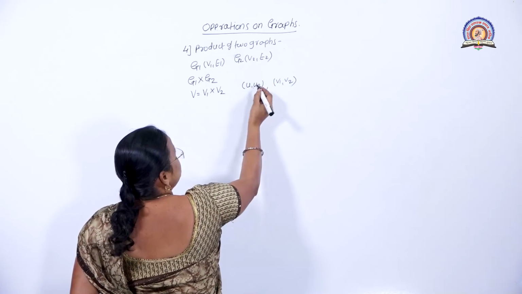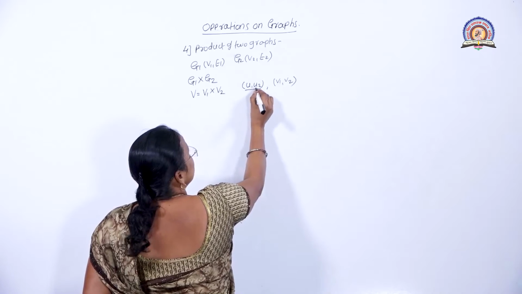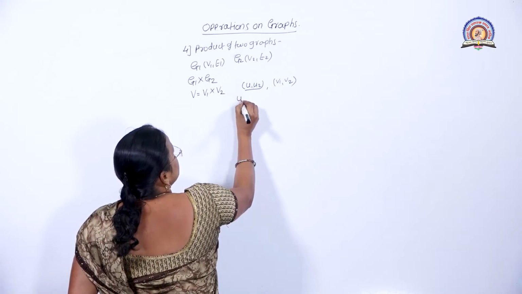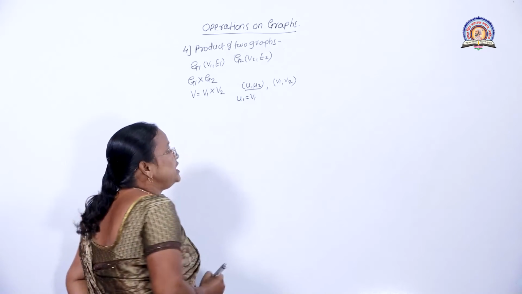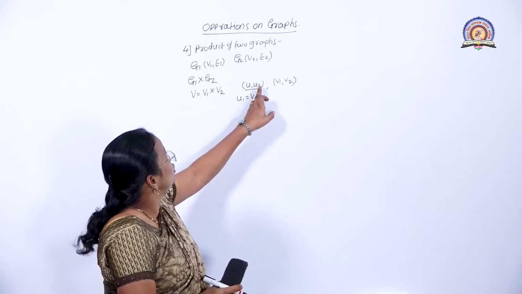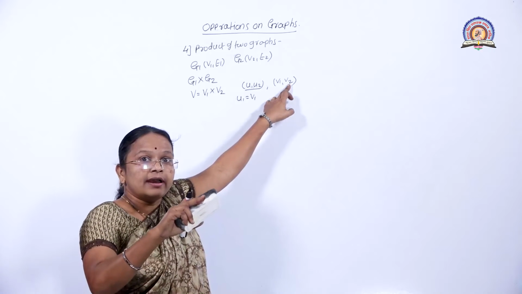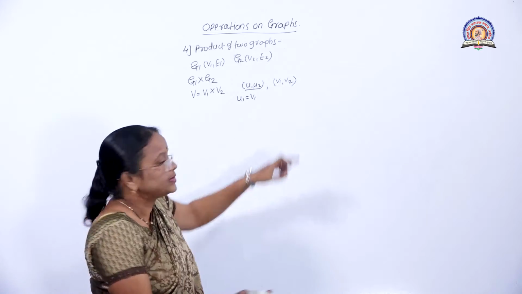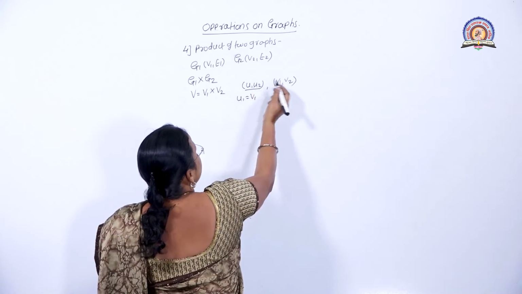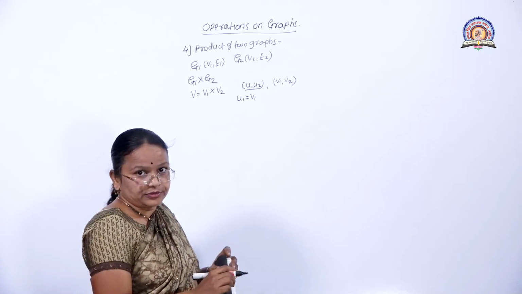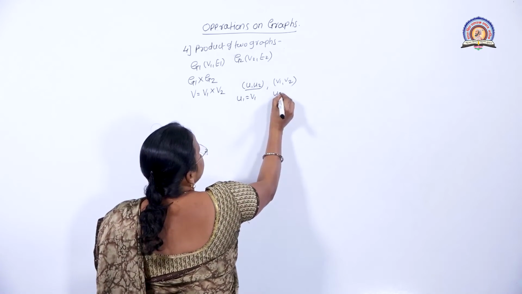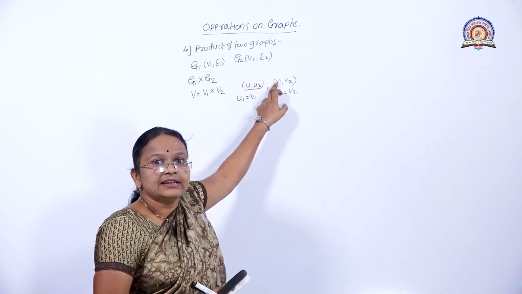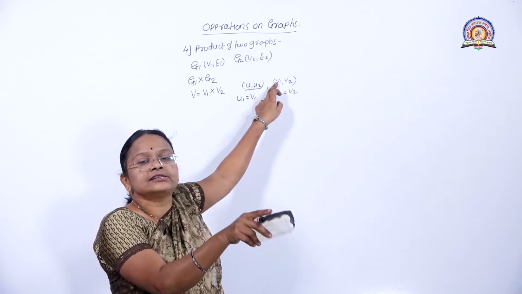There is an edge between this vertex (U1, U2) and (V1, V2) if U1 is equal to V1 and U2 and V2 are adjacent in second graph G2. And these are adjacent if U2 is equal to V2 and U1 and V1 are adjacent in first graph G1.